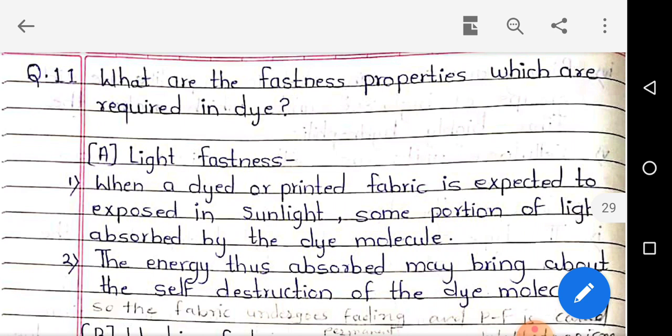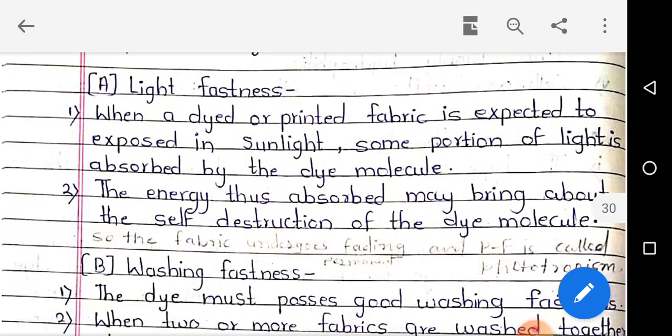Means, whenever we use the dye for materials which can be exposed to the sunlight, that material should have properties like light fastness.